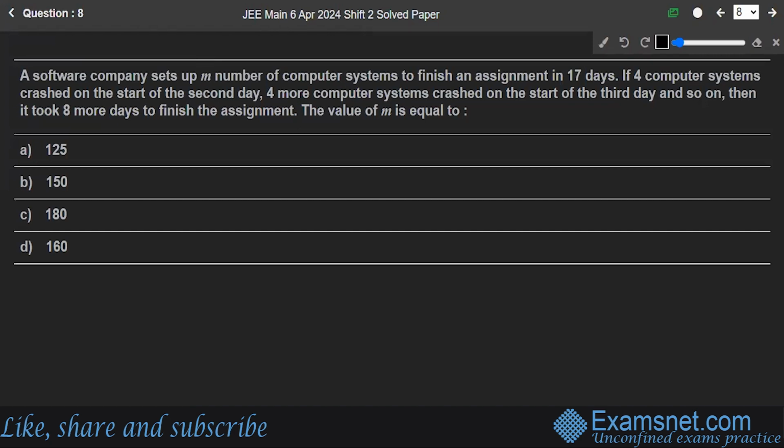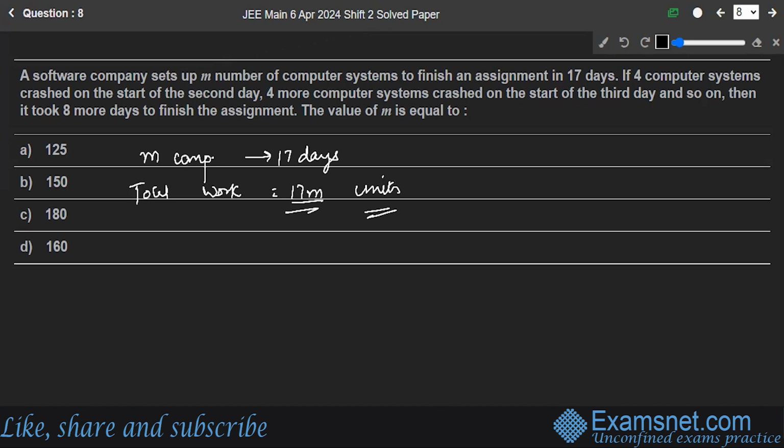So, all right. First of all, see, there are M computers which complete the work in 17 days. So that means total amount of work is 17 into M, right? Number of days into the number of computers. So that is the amount of work that is equal to these many units.